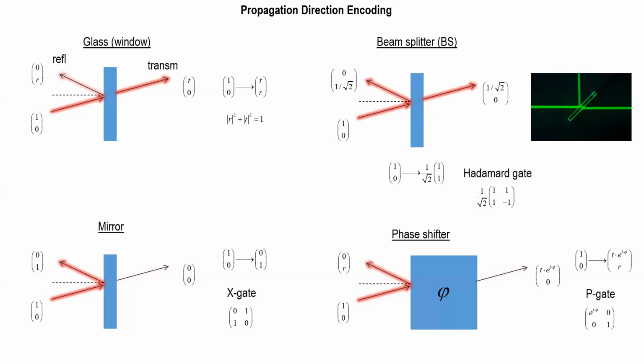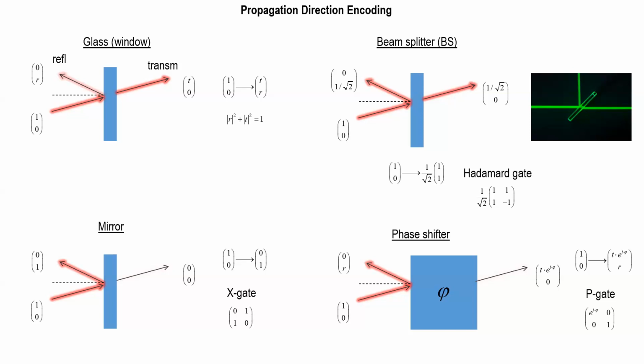Another example of a quantum gate is a phase shifter. Essentially, a phase shifter is a thicker piece of glass.